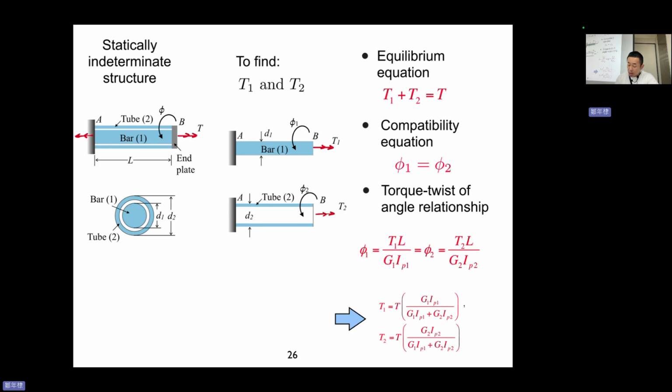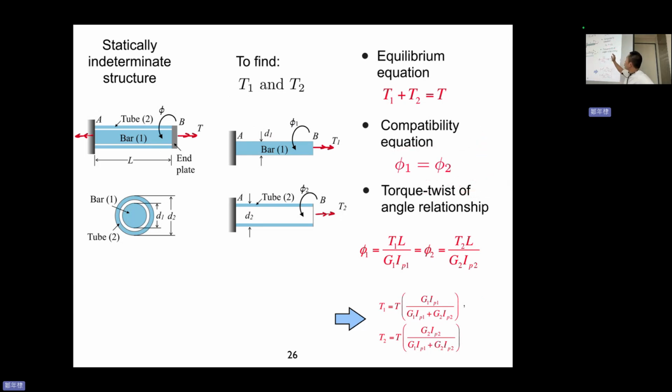The compatibility equation is that your end plate holds the bar and tube together, which means phi 1 and phi 2 need to be the same. So phi 1 equals phi 2. This is the compatibility equation. Again, please don't memorize this.